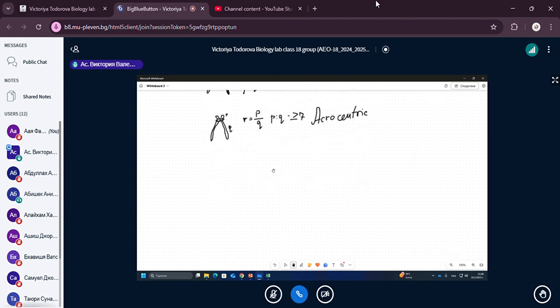And here, just for more information, there is one type of chromosome that is not found in the human karyotype.